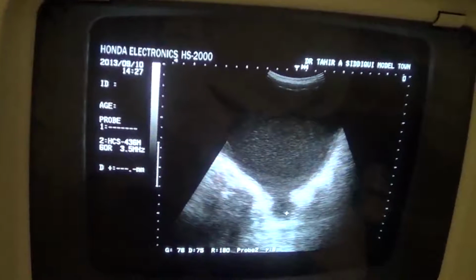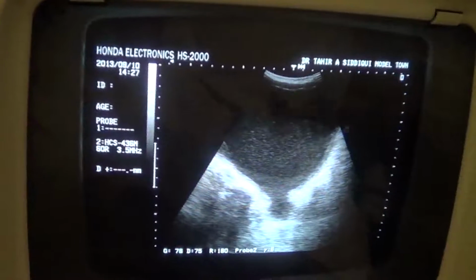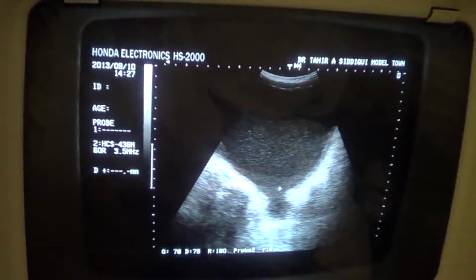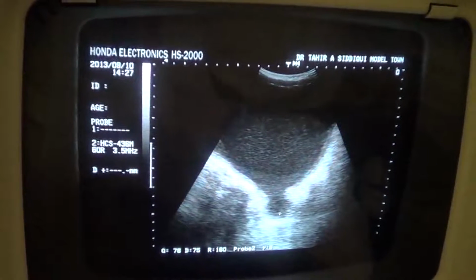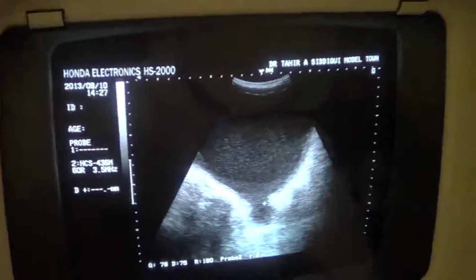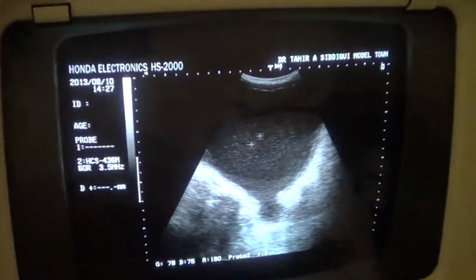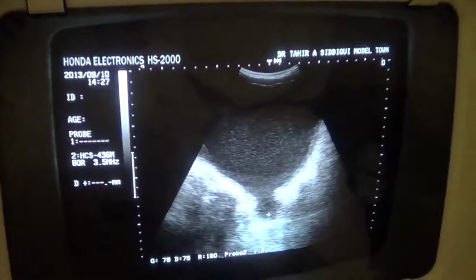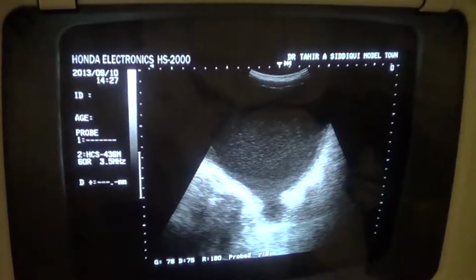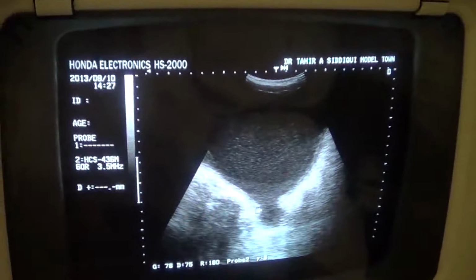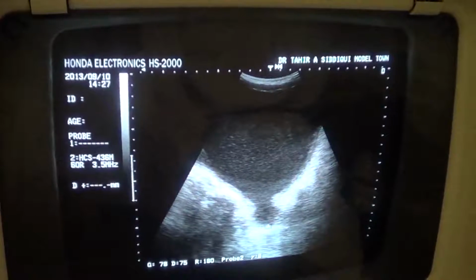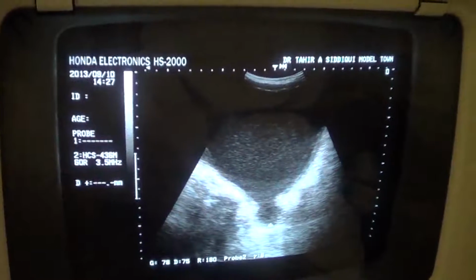Now, when I ask the patient to micturate, let's see if the size of this urinary bladder decreases or does not decrease. This finding is seen most commonly in male patients. Note the distended bladder and the small dilated posterior wall of the bladder, and this can be seen in patients with posterior urethral valves.